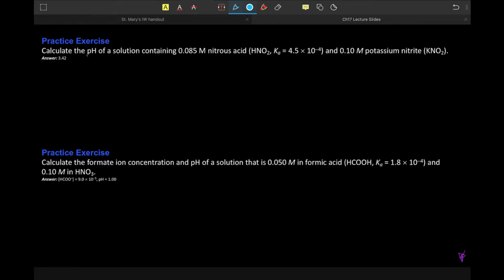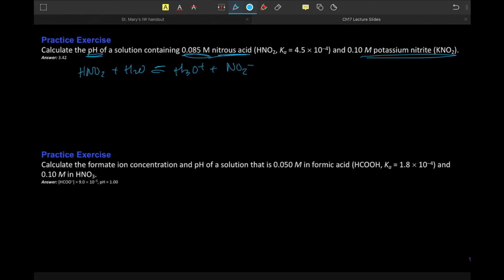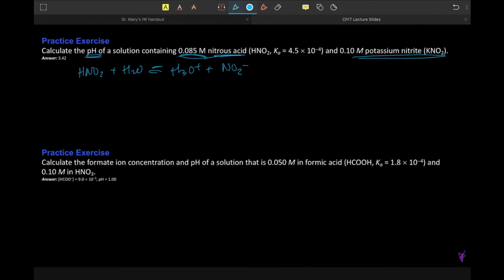This says we're going to calculate the pH of a solution containing this concentration of nitrous acid and this concentration of nitrite. If we wrote nitrous acid plus water forming hydronium and some nitrite, it could get super complicated if we tried to deal with the dissociation of nitrous acid.